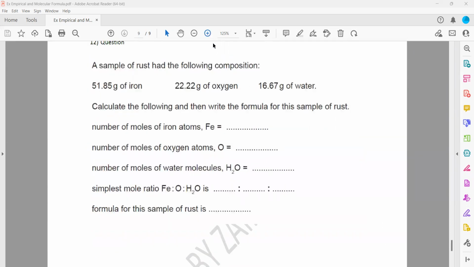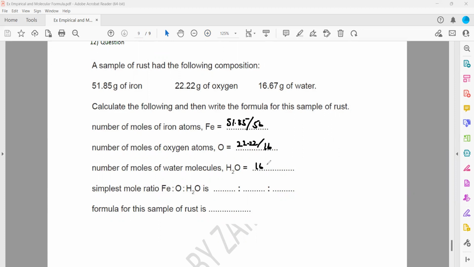Then the last question. A sample is there of a rust. Calculate the moles. How to get the moles? Mass in grams over molar mass. So 51.85 divided by 56. Oxygen atom 22. If it was an oxygen molecule, we divide by 32, but for an oxygen atom we divide by 16.